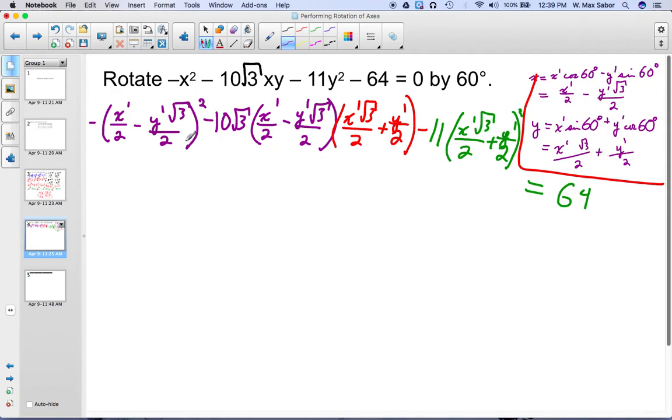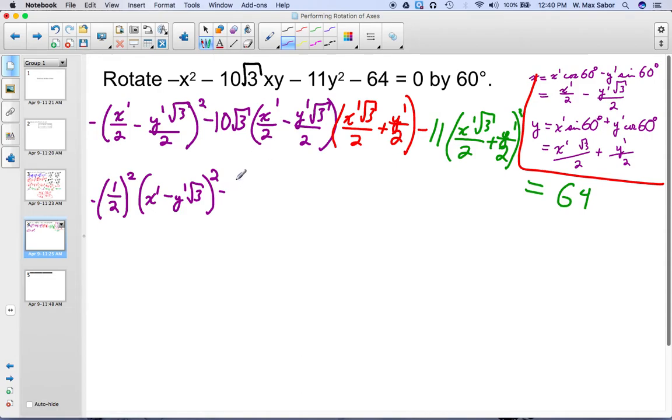That's going to typically happen when we're dealing with 60 degrees or 30 degrees or 45 degrees, which is what we'll mostly be rotating by. So we can factor out that 1/2 squared. So this will be much easier to deal with. It will look cleaner.